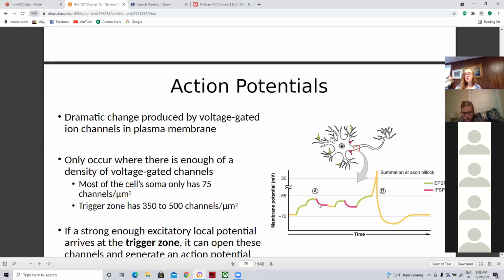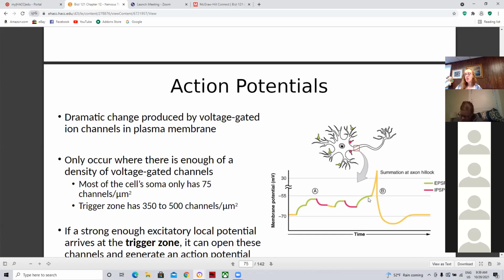If there are enough of them that they sum, and we have enough positive ones that they're not canceling one another out, but they're actually adding to each other, causing the membrane potential to become less and less negative. So it becomes closer to being more positive, less and less negative.